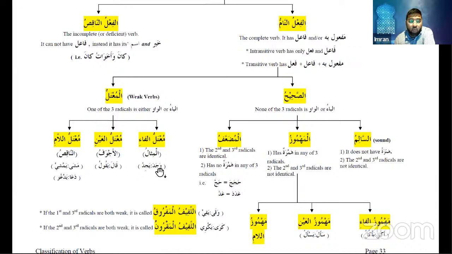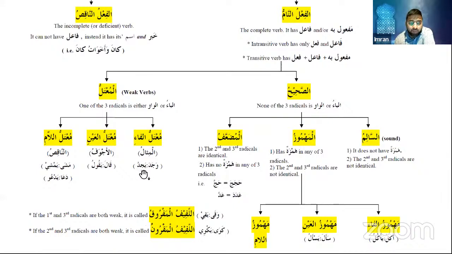Wajada has a waw as the first letter of a three-letter verb, and the present tense of wajada is yajidu. The waw has been completely omitted in the present tense.